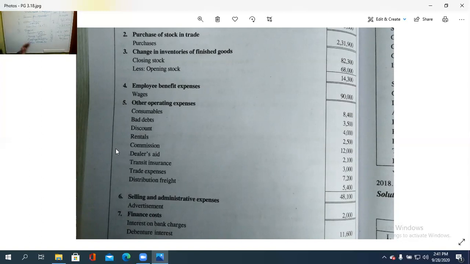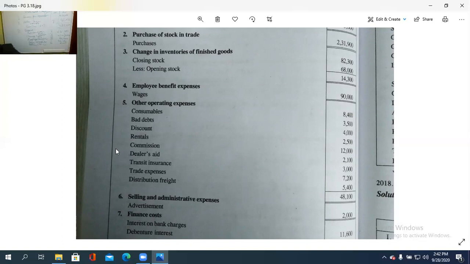All the other operating expenses that are there come to 48,100, that is to be added up. Then next item, next expenditure, is there anything? Yes, selling and distribution expenses. So selling and distribution expenses, sixth note, which item? Advertisement is there, 2,000. That also is to be added up.